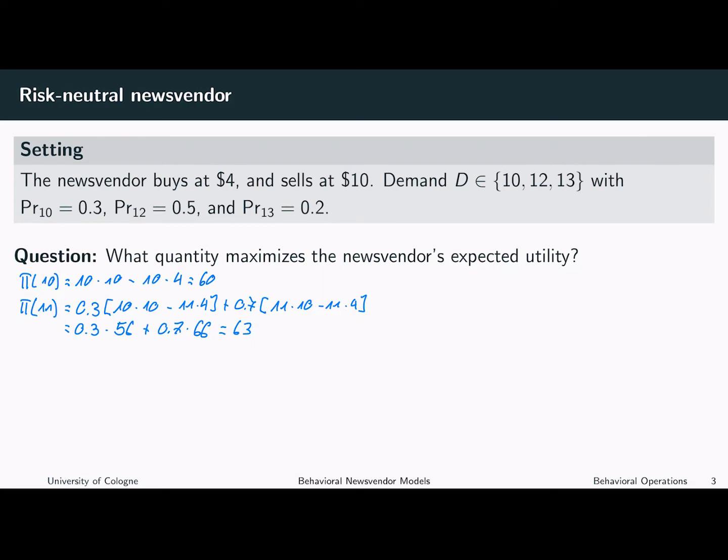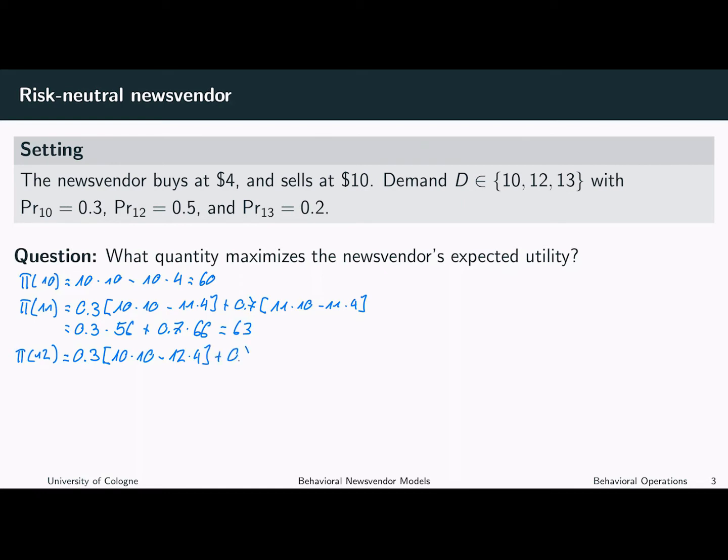Now let us do the same for an order quantity of 12. If I order 12 units, again with a probability of 0.3, the demand will only be 10. In this case, I will sell 10 units at a price of 10, but of course I have to pay for all 12 units.